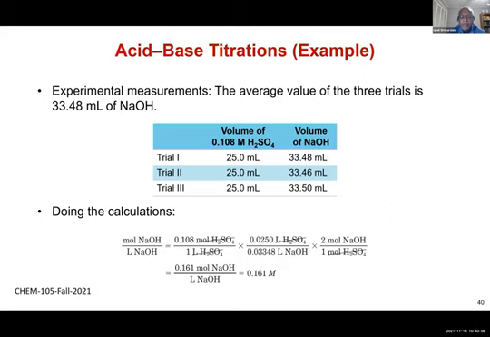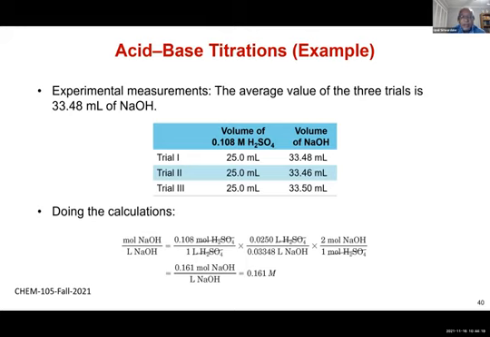We start with 0.8108 sulfuric acid, and convert using the volume of sodium hydroxide, the volume of sulfuric acid, and the mole conversion ratio.